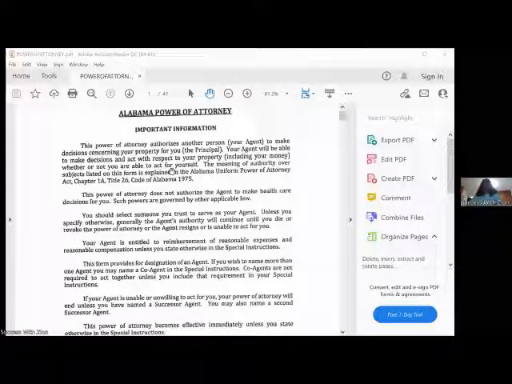Of course, this person was not there, but those are the two people that were given the power of attorney. Okay, now it says grant of general authority. It says I grant my agent, who is John Doe, right? And any successor agent, which is Jane Doe also, general authority to act for me with respect to the following subjects.